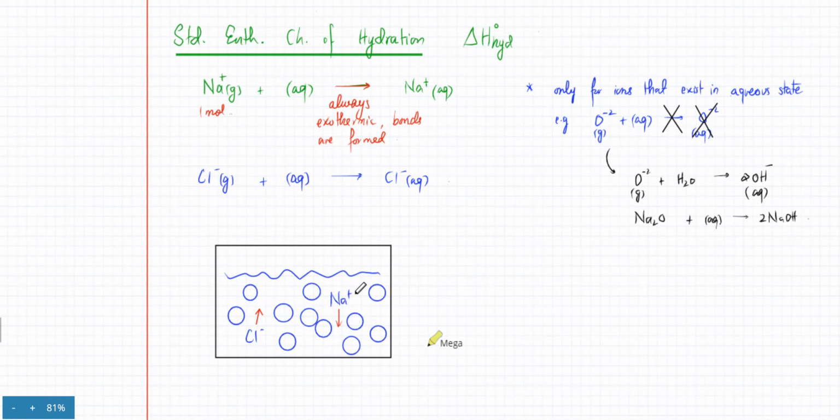When in fact, when an ion dissolves in water and turns aqueous, what actually happens is that the ion goes and bonds with the water molecules. So if you have Na+, this is exactly what's going to happen: Na+ has 6 sides.